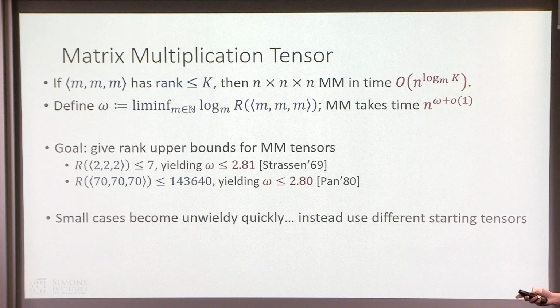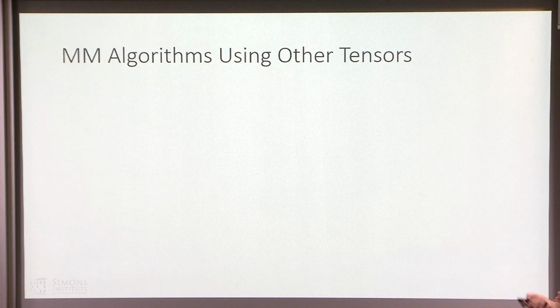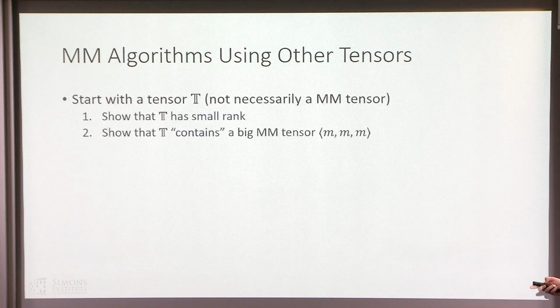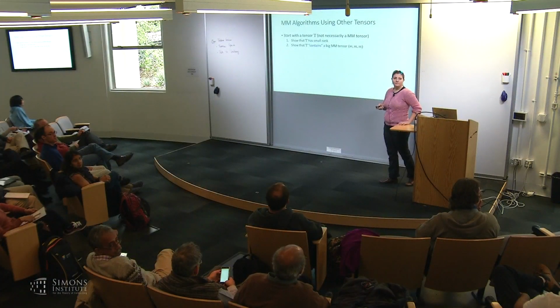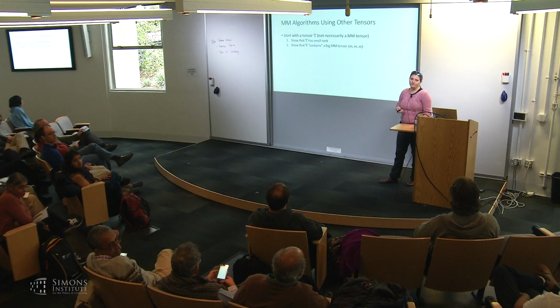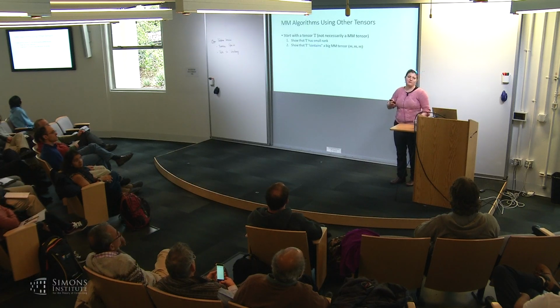So this motivates the next approach, which means instead of just fixing some fixed size matrix multiplication tensor, you pick some other tensor that we want to understand. So here's the next approach. Part of the difficulty is the fact that tensor rank is NP-hard. It's NP-hard, but of course these are very structured tensors.